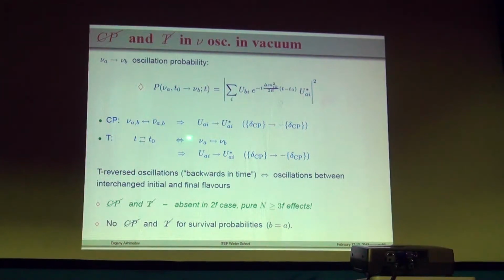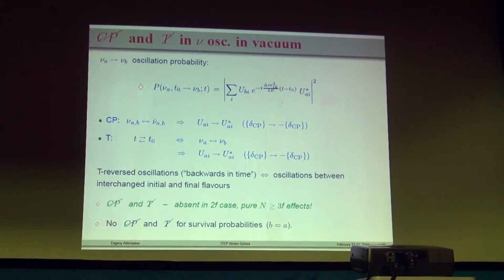So let me consider the oscillation probability in a form which is slightly different from what I discussed before. I will consider the evolution of neutrino state in time. You remember I told you that we normally deal with point-like neutrinos, so evolution in time and in space are equivalent. For me, it will be convenient now to consider the evolution in time.